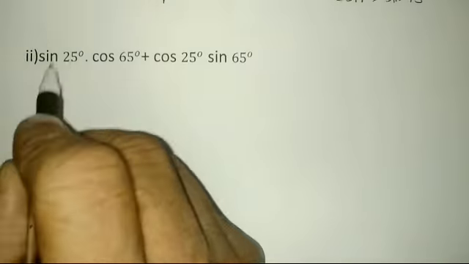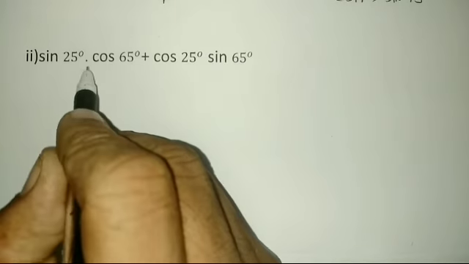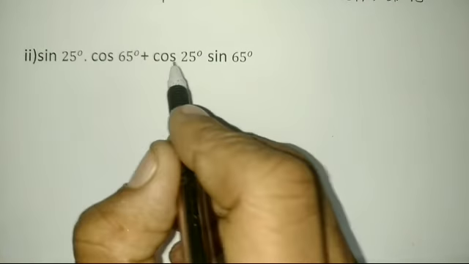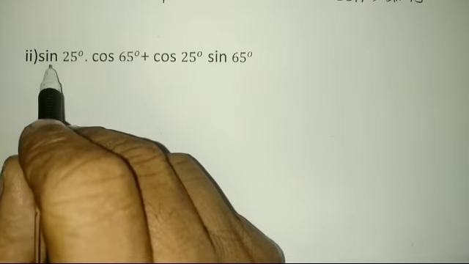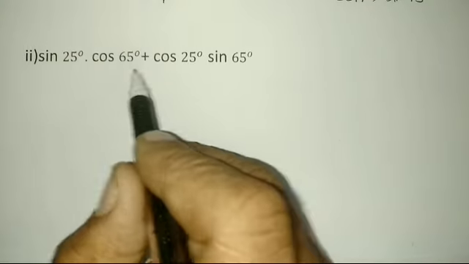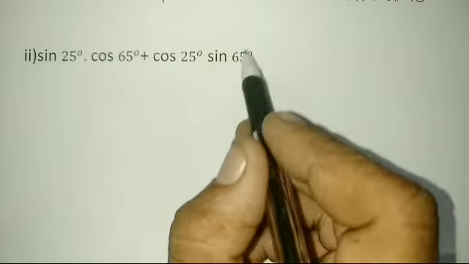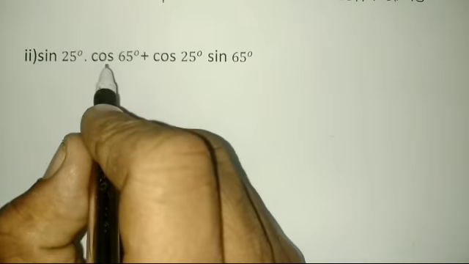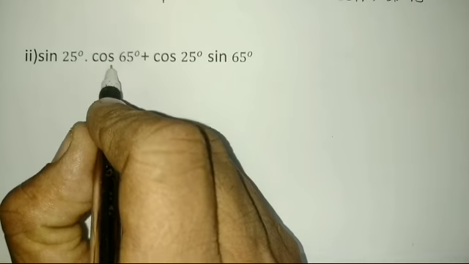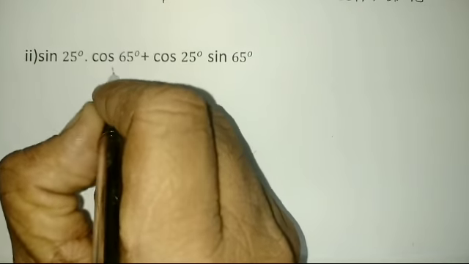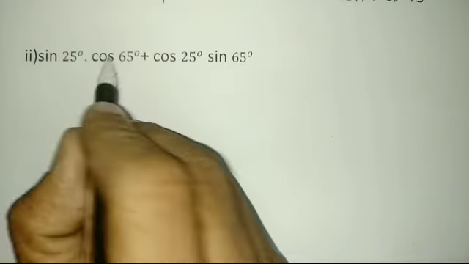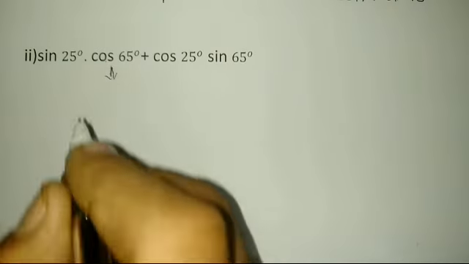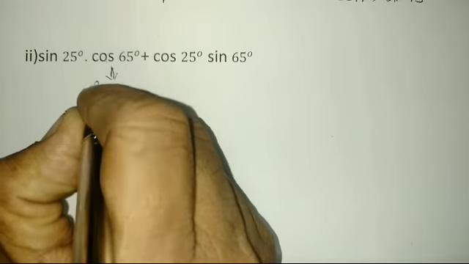Second problem, evaluate sin 25 degrees into cos 65 degrees plus cos 25 degrees into sin 65 degrees. Here we don't know the values of sin 25 degrees, cos 25, cos 65, sin 65 degrees. But we have to simplify it. Now, we know that cos 65 is in the form of cos theta, where cos theta can be written as what? Sin 90 minus theta.